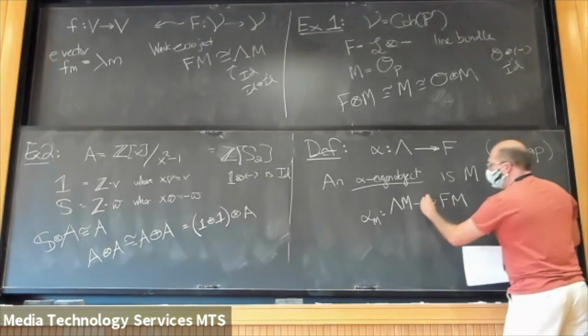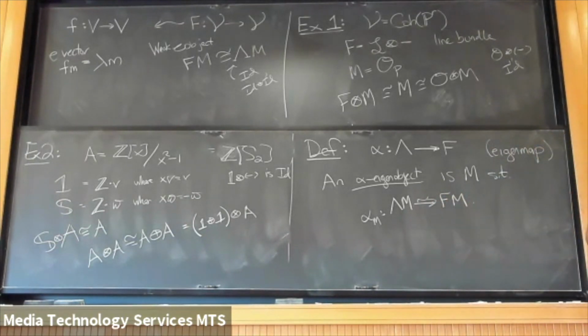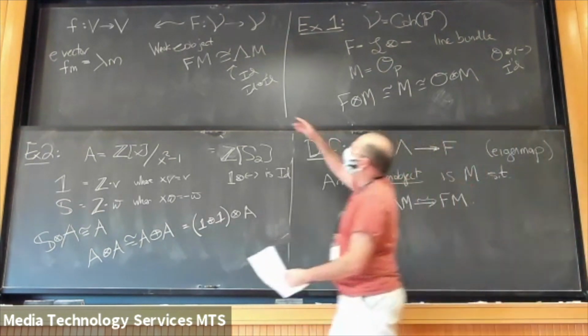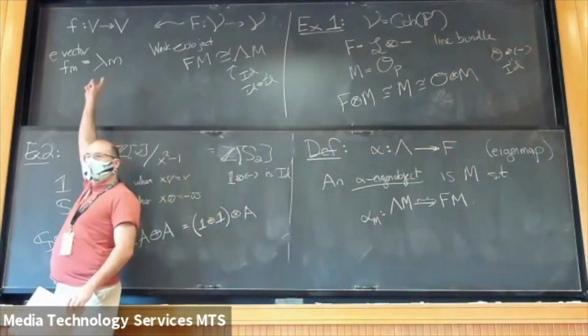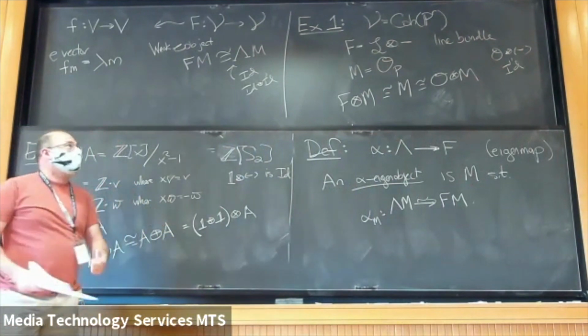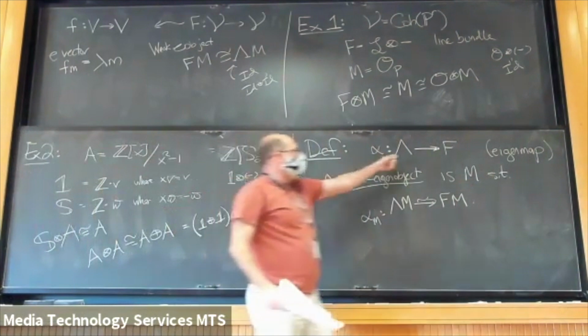And I want this to be an isomorphism. So I've sort of chosen the relationship between this vector F(M) and this vector lambda M. But in fact, I've chosen this relationship before applying it to an object M. It has to be something sort of global.